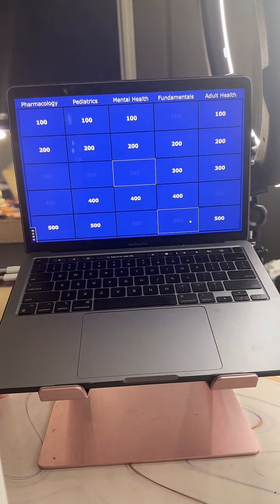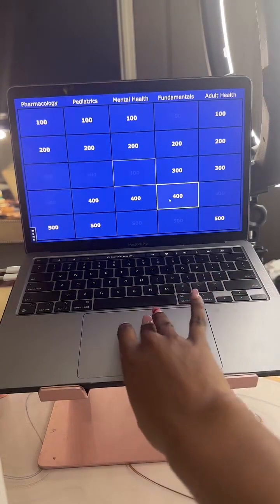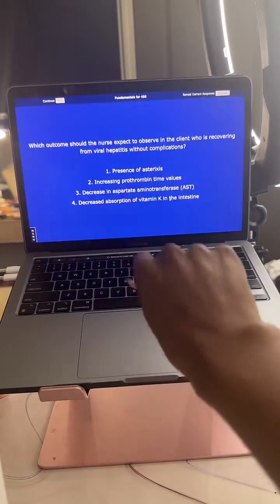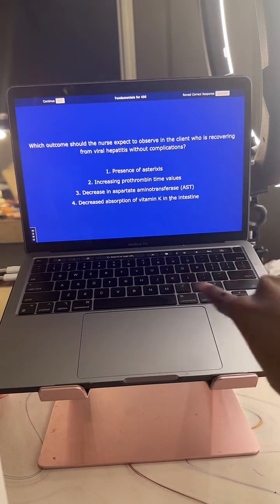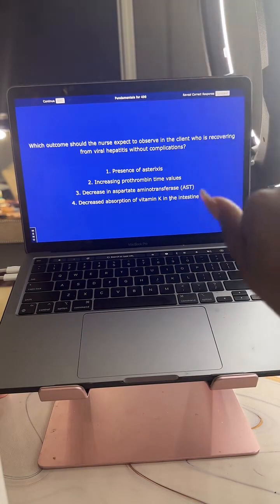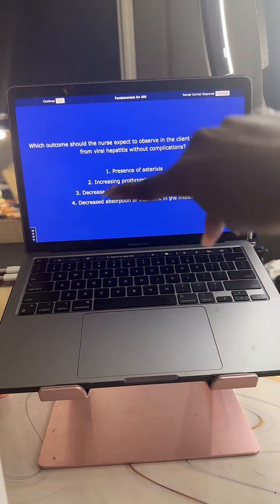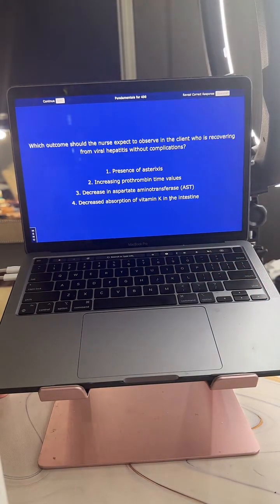Kick Rocks, if you're still here, which one do you need help in first? All right, let's go back to fundies. Momo said fundies. We just did mental health, Sugar Lips, so we can probably go back to that. So let's do fundies, and then after fundies, we'll do peds for 400 that Ashley wanted.